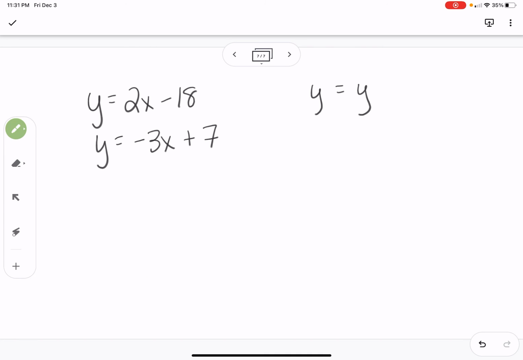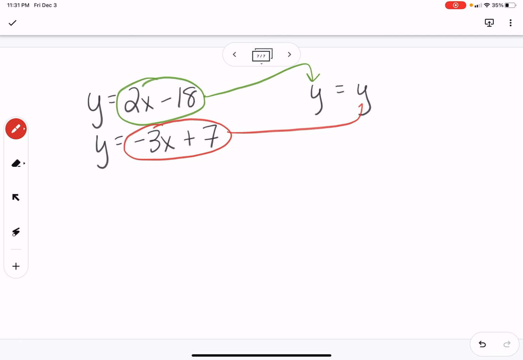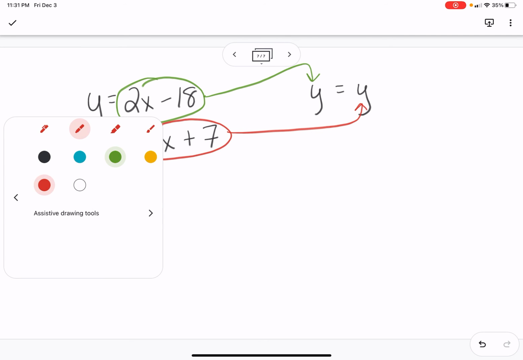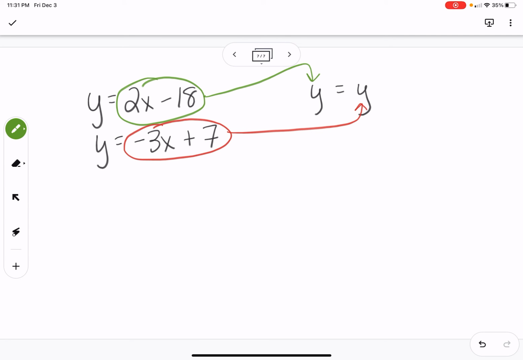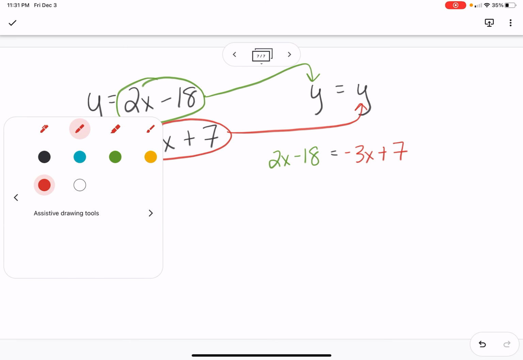So I'm going to take the top y and plug it into that side, the bottom y and plug it into that side, right? So once I do that, I'm replacing the first y with 2x minus 18 equals the second y, negative 3x plus 7.